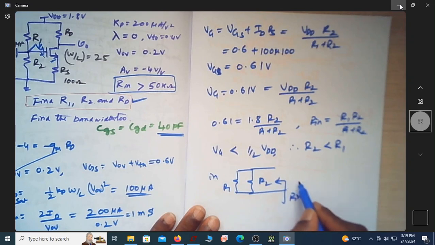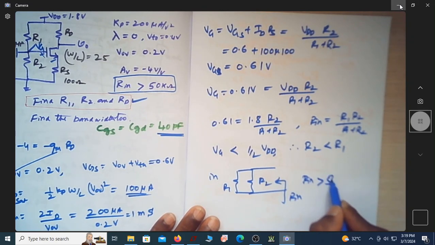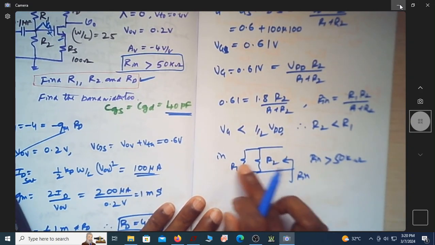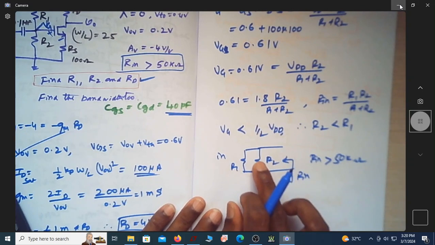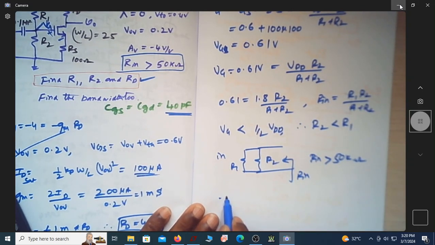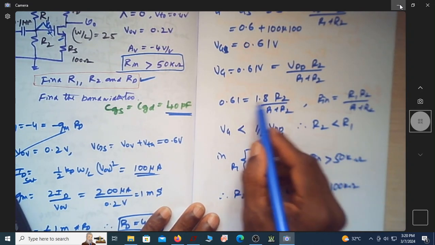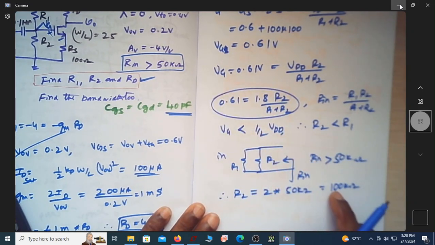Since I want Rin to be greater than 50 kilo ohm, let us take the lower value of these two as twice of that. So R2 is taken as 2 times the minimum, that is 50 kilo ohm. Let us assume R2 as 100 kilo ohm.